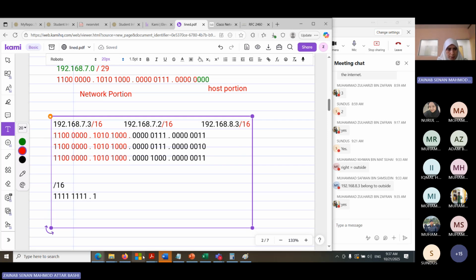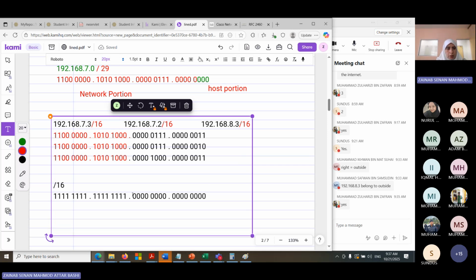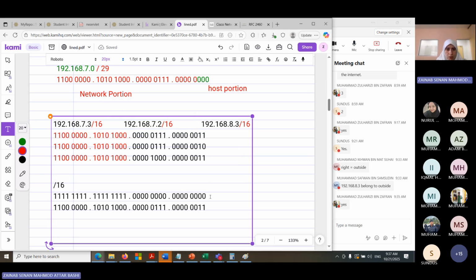This is another address that will be sent with the other one. 16 means 16 ones, the rest are zeros. This subnet mask will be sent together with the IP address in your packet.